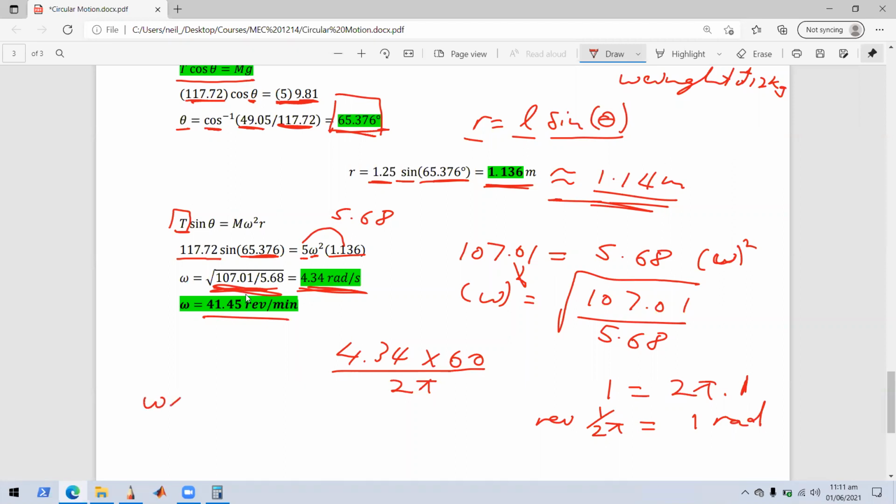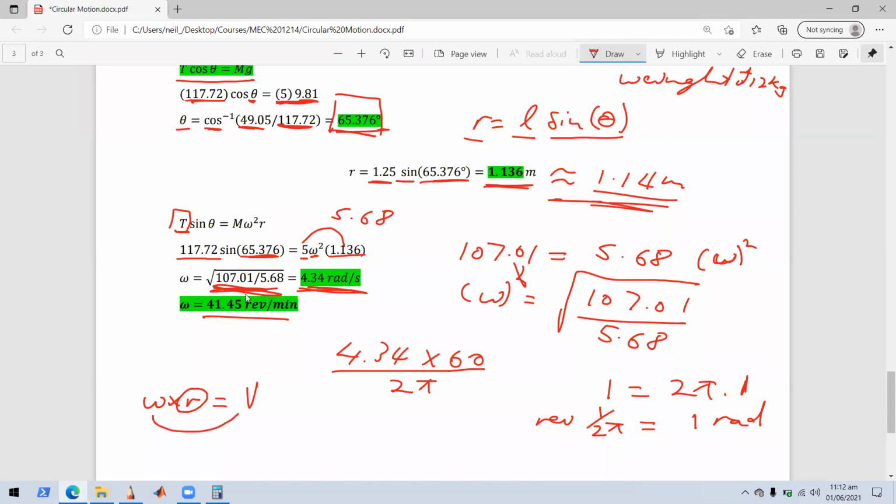Now, the reason it's in rads per second is because of the relationship that omega times r is equal to linear velocity. In all of these formulas, the only reason they work is because r has this weird relationship.